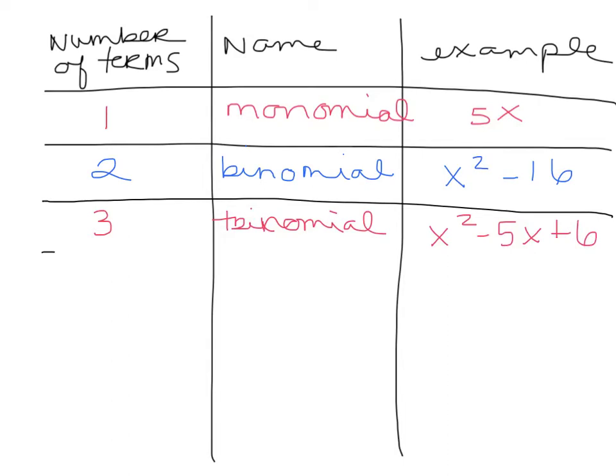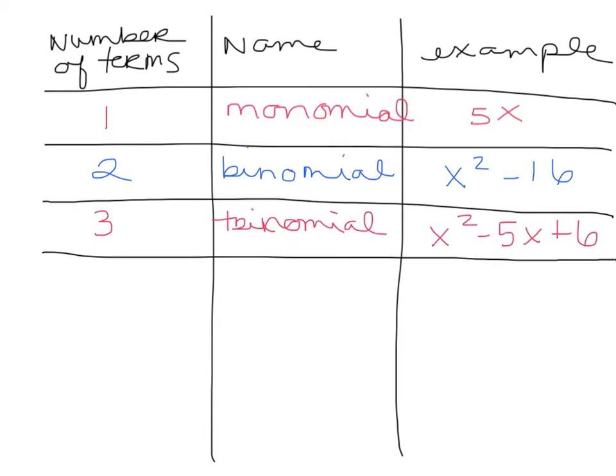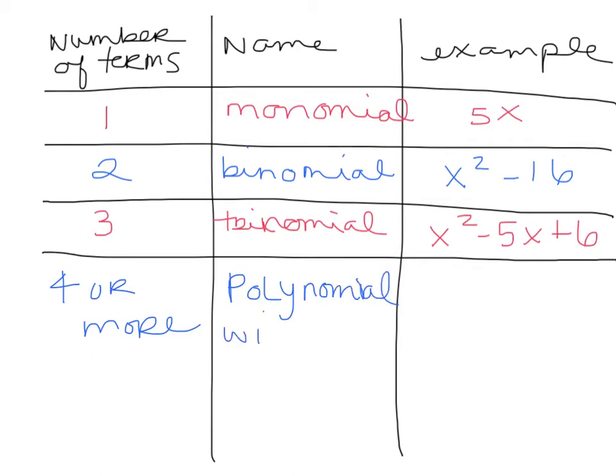There's 3 different things there. 4 or more are all lumped together in one thing, and we call that a polynomial with, and then I'm going to write a blank and then terms.